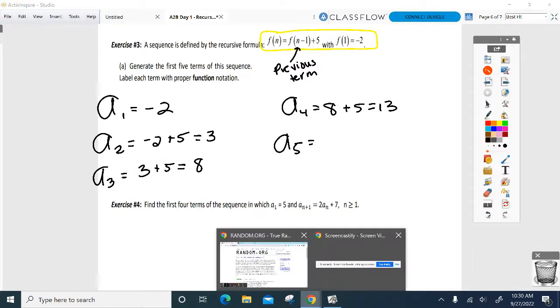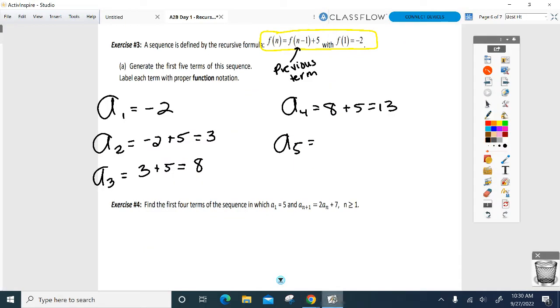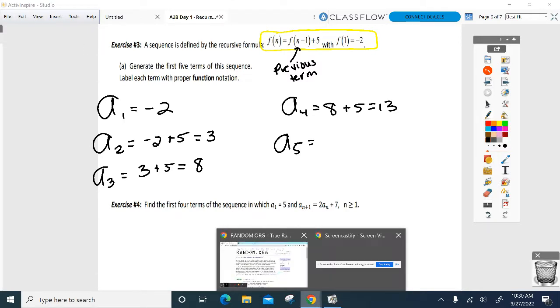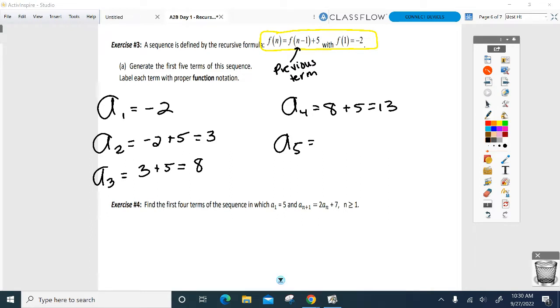Oh, time's up. No, not in here. 13. Who's got 13? We don't have a 13 today. Oh, hi, Sydney. How you doing? Don't get rattled. I know there's a lot going on, a lot of sensory going on. Here you go. All right. Anybody want to take care of that before I put a hole through it? I double check. I don't think it's me.